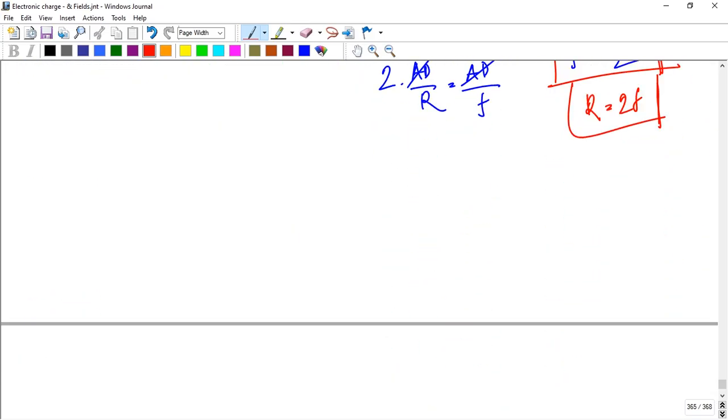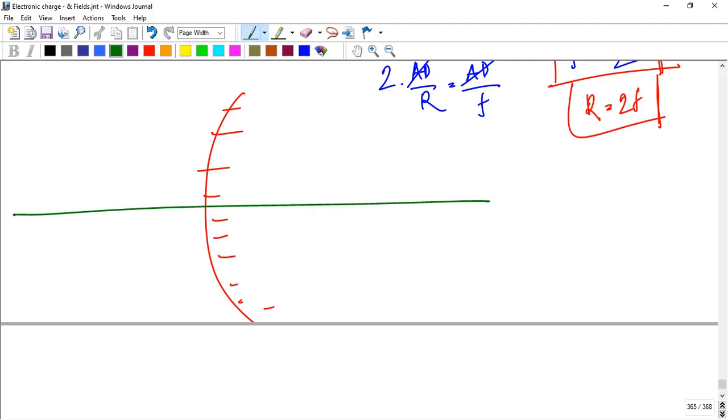So the convex mirror: there is the principal axis, here the pole, and an incident ray from the source. Draw a normal, and draw a tangent here at the point of incidence. The black lines represent the normal, which meets at C, the center of curvature. After striking, the reflected rays appear to meet here, which is called the focus.